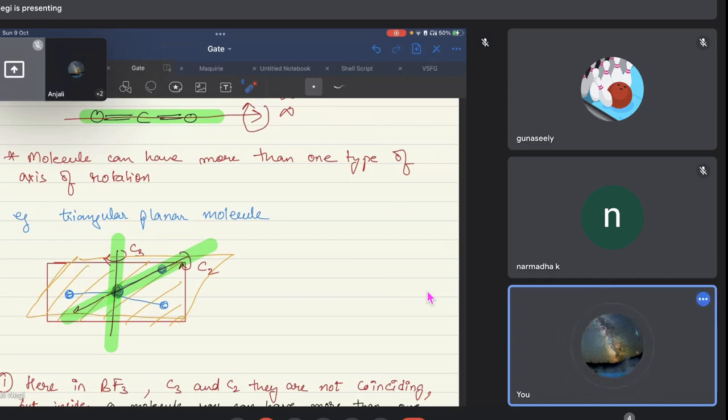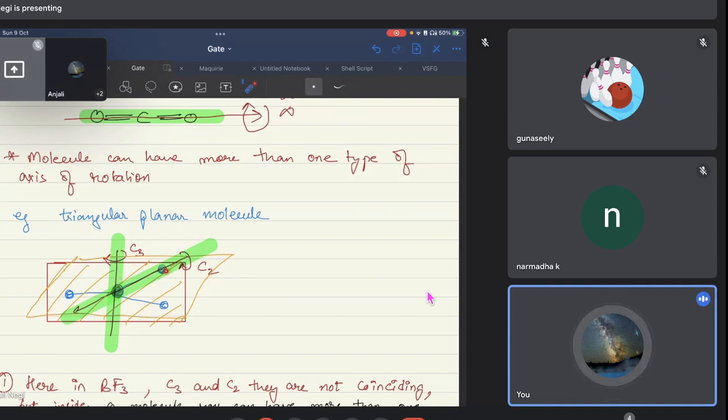And for C2, my axis will pass through two atoms simultaneously. So if this is fluorine, it will pass through fluorine and then boron, and this particular axis will be C2. How? Because I will do a 180-degree rotation such that this atom will flip here and this will go here. So there are two rotational axes present in this molecule, C3 and C2.